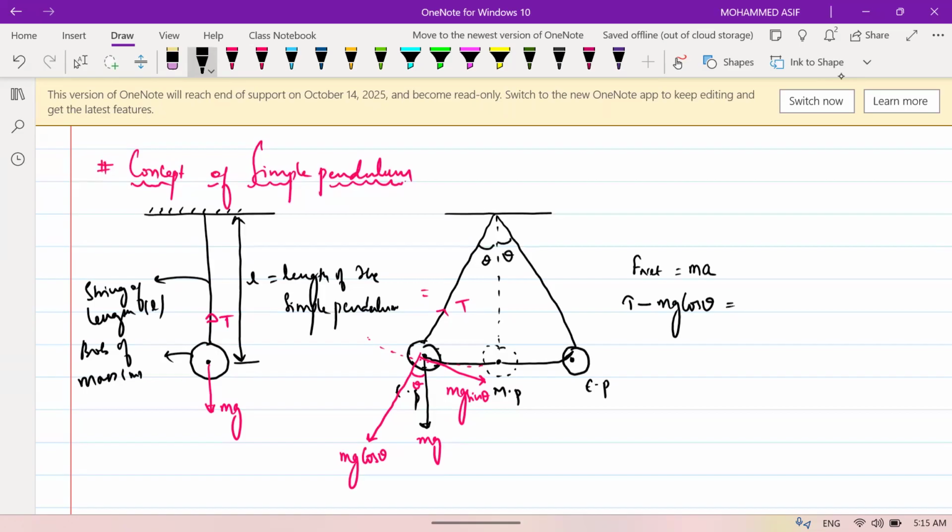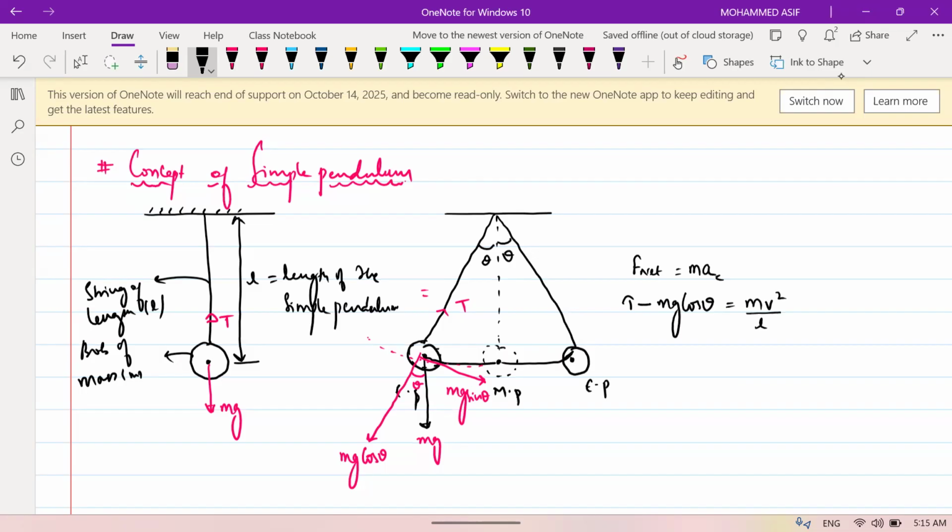The net must give m into the centripetal acceleration, so it is v square divided by r. R is nothing but the length of the string, right? Am I clear? Yes, sir. So net force in the extreme position is T minus mg cos theta equals m v square divided by L.